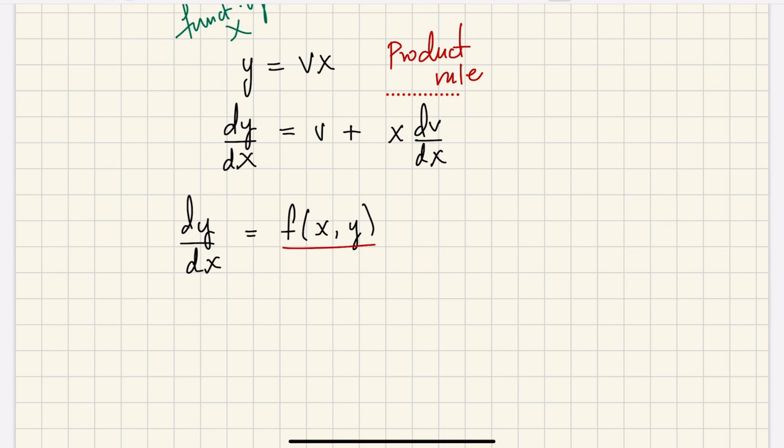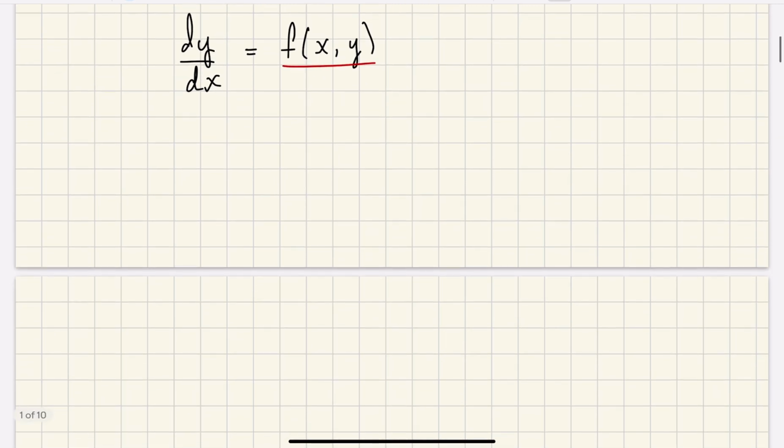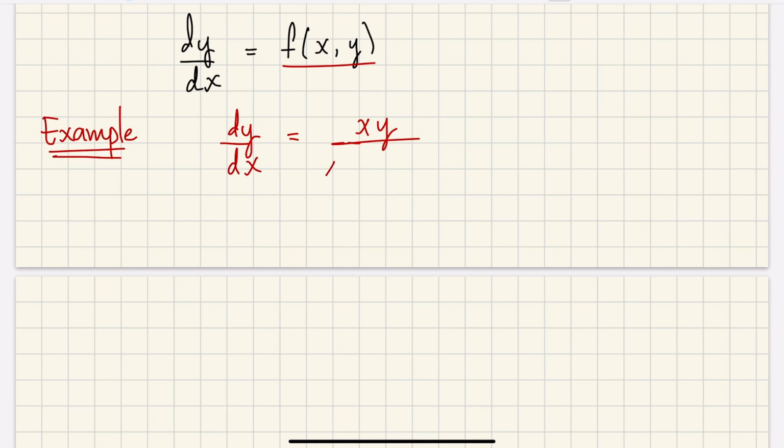Let me show you what I'm saying with an example. Say dy over dx is equal to xy divided by x squared minus y squared.